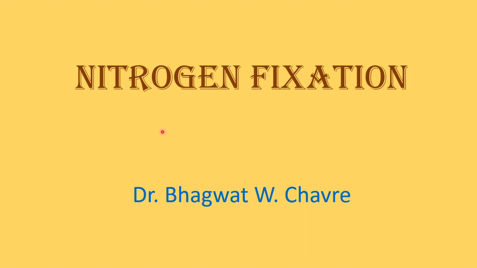So in this video we are going to learn how this atmospheric nitrogen gets fixed into the soil by different methods and how it is made available for plants to absorb.